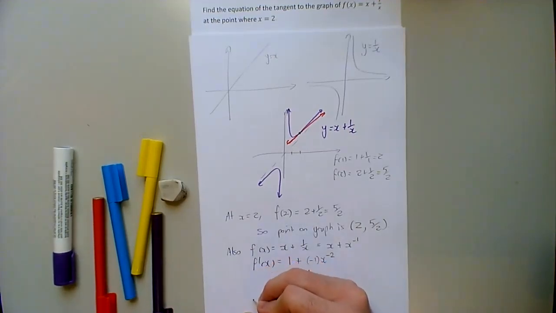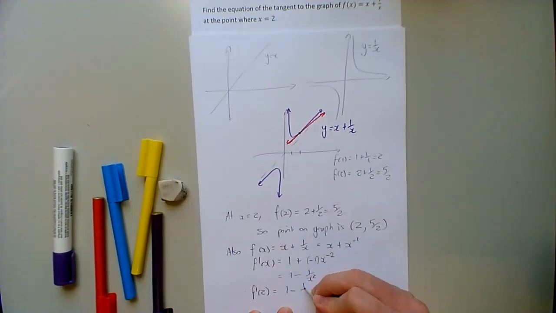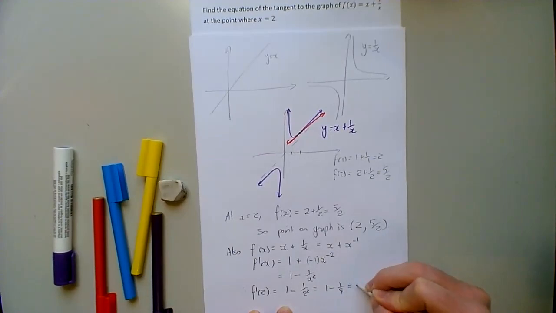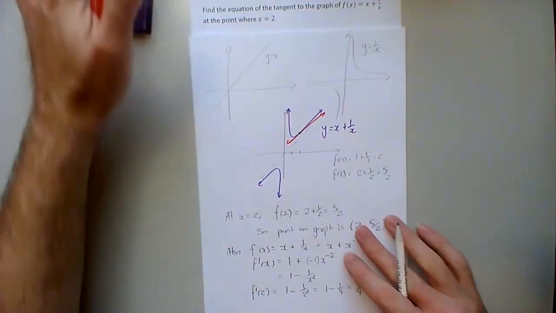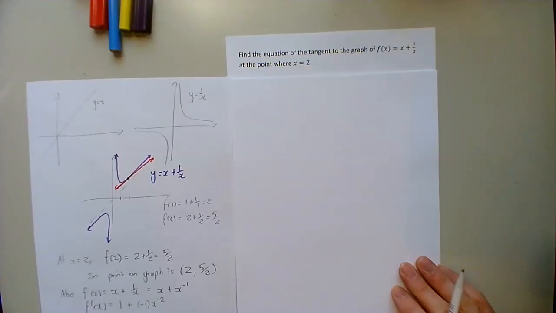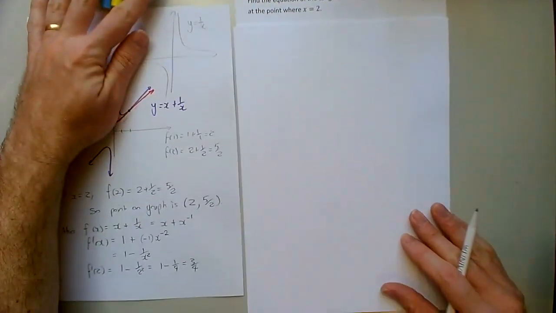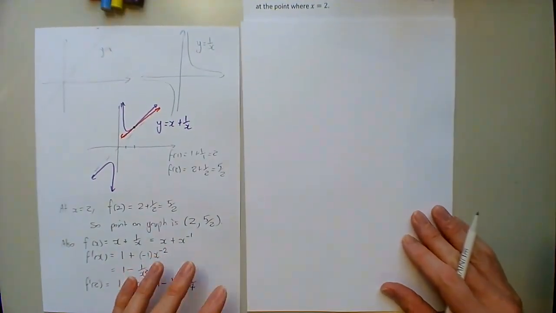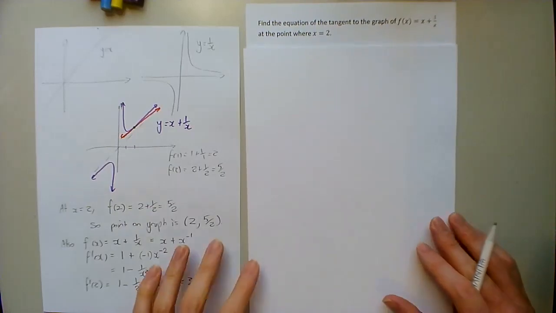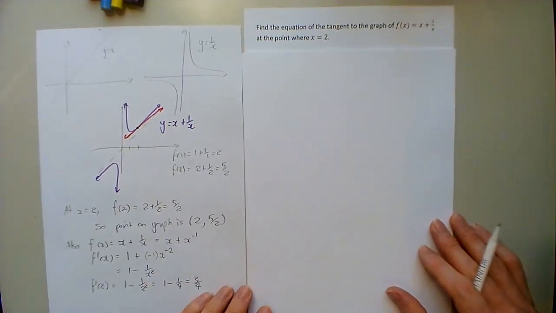Okay, and so therefore f dashed of 2 would be 1 minus 1 over 2 squared, which is 1 minus 1/4, which is 3/4, which is a little bit less than 1, just like I thought from my picture. I feel vindicated. Okay. So now I need to use all that information.